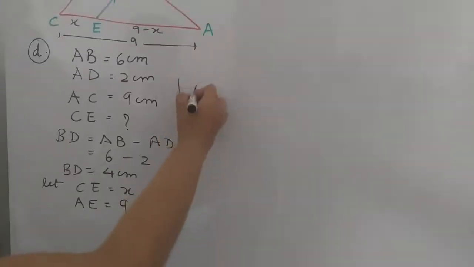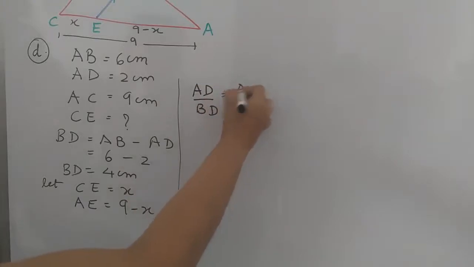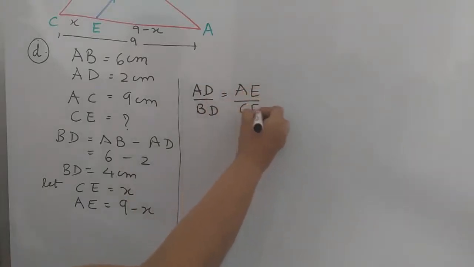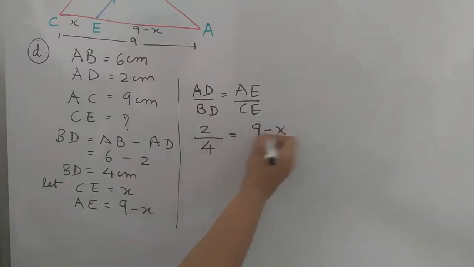Now we have to use theorem 1. So AD upon BD is equal to AE upon CE, or EC, whatever you can write. Now placing values here, AD is 2 and BD we found is 4, equal to AE which is 9 minus x, upon CE which is x.